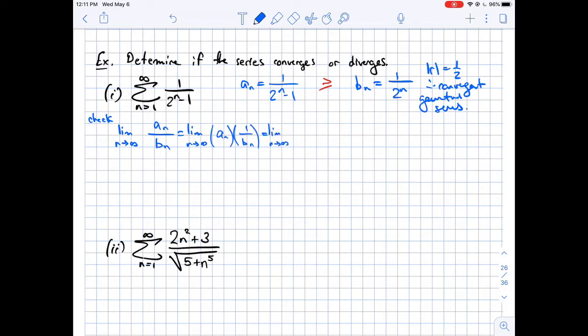I have the limit as n approaches infinity. An is 1 over 2 to the n minus 1. And the reciprocal of bn, if I take bn and flip it, I'm just going to end up multiplying by 2 to the power of n. And so that's nicer. Now I can put this together as one fraction. I have the limit as n approaches infinity of 2 to the n divided by 2 to the n minus 1.